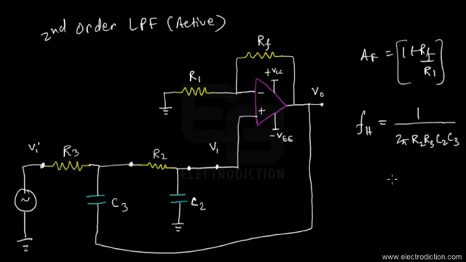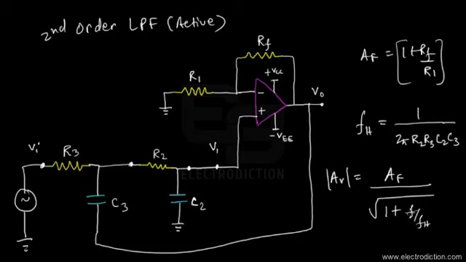And so does the expression for the overall gain of this circuit, which is defined as AV. If we take its modulus value in this case, we're going to get it as AF, that's the gain of the non-inverting amplifier, divided by root over 1 plus F by FH, this time whole to the power 4.